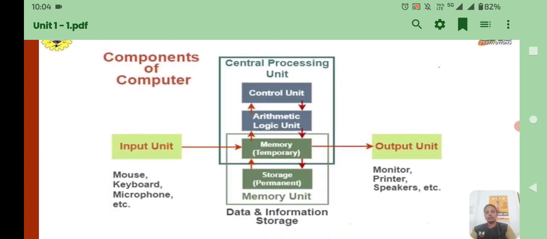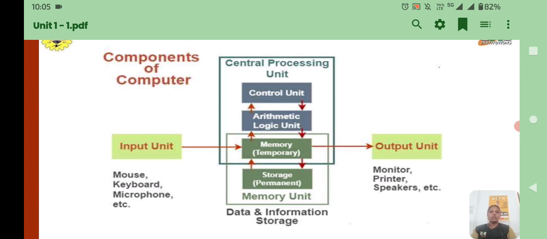First, the user provides input data via the input unit. What is the input unit? Input devices means mouse, keyboard, microphone, etc. The input data is converted into machine language, binary language of zeros and ones, and sent to the central processing unit.